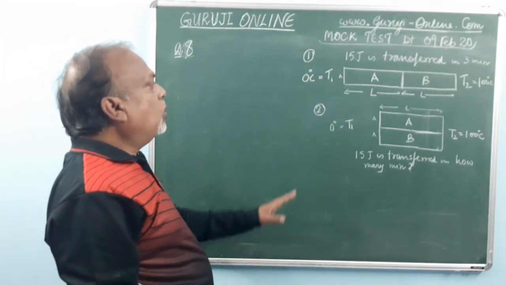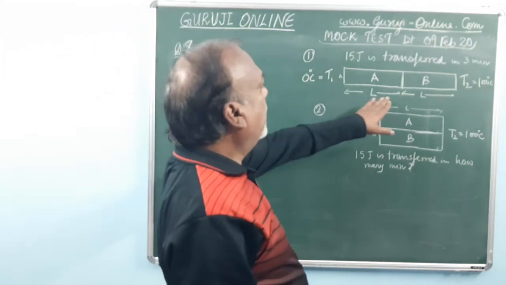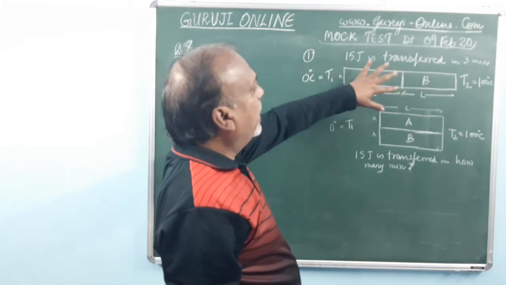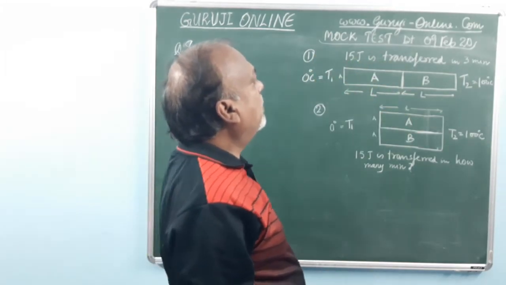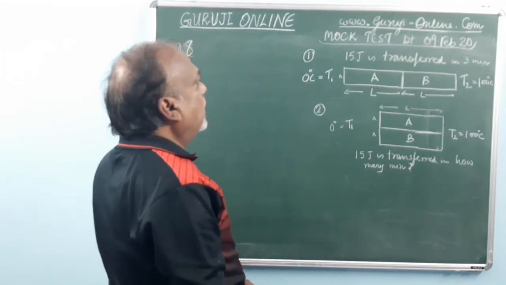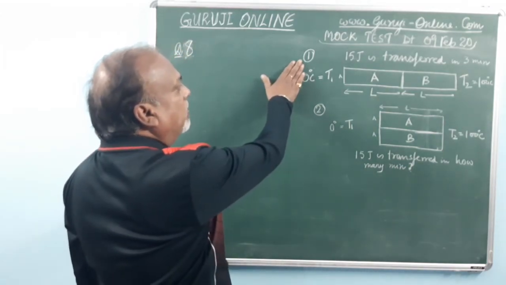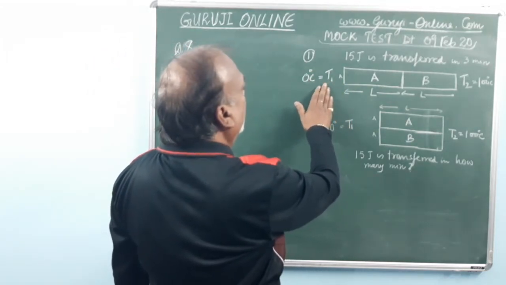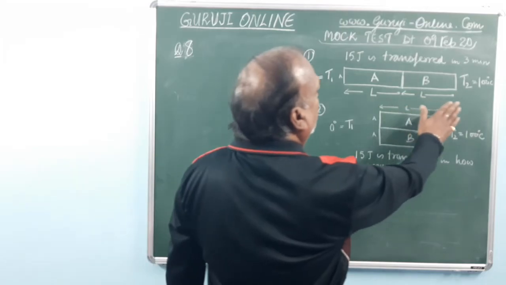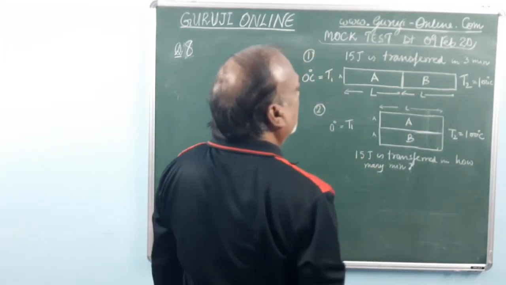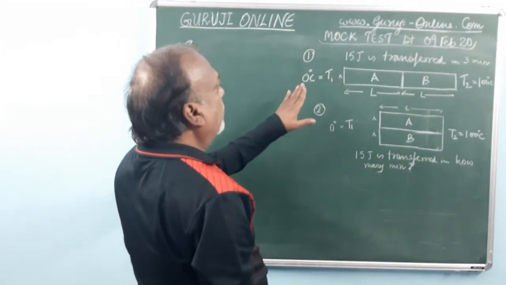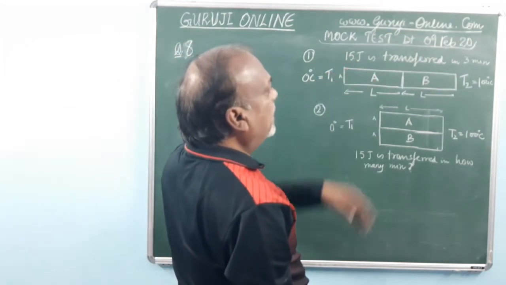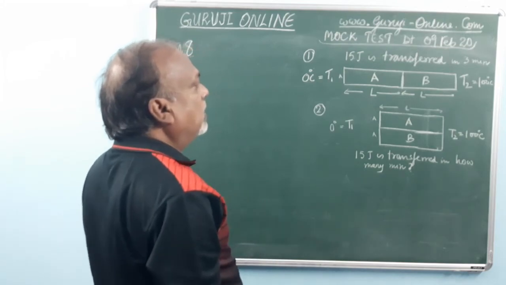We have been given two identical blocks, they are welded together, their area is same, length is same, and in this system number 1, the left end is at 0 degree and the right end is 100 degree centigrade. And in this system number 1, 15 joule energy is transferred in 3 minutes.